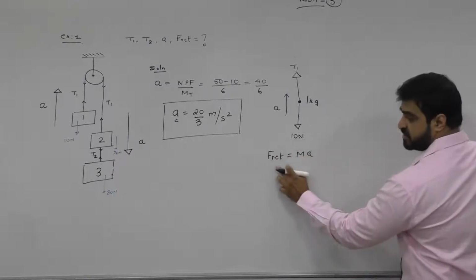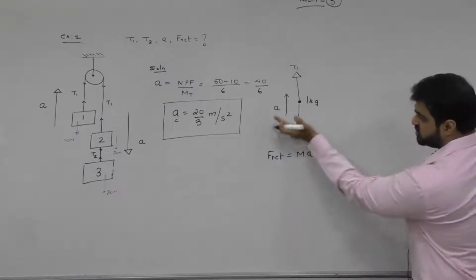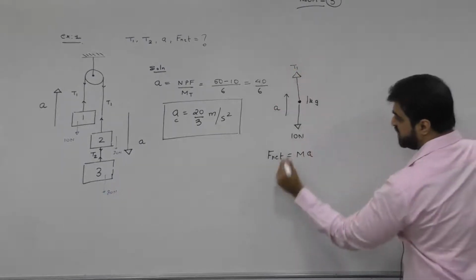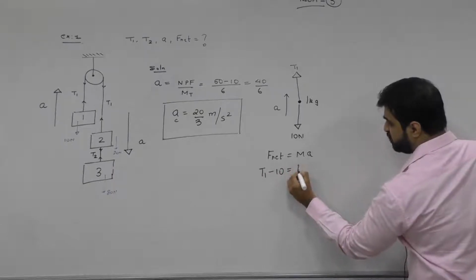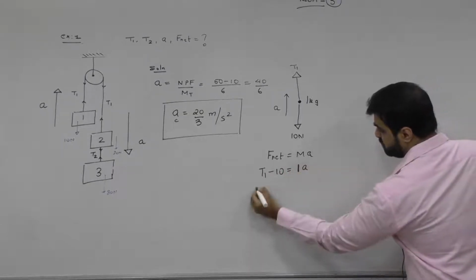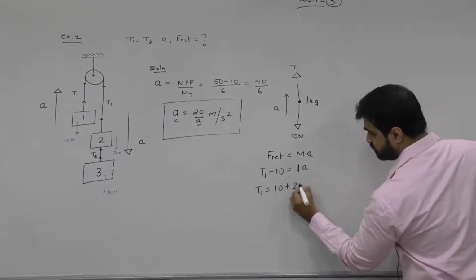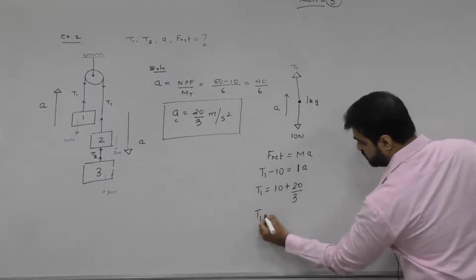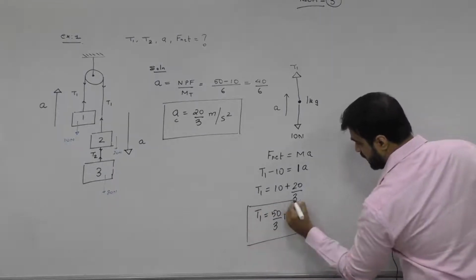What is F net? F net will become big force minus small force because the whole system is going up, no? So who is big? T1 minus 10 will become ma. What is a? What is 1 into a? So T1 will become 10 plus a. What is a? So T1 is going to become 50 by 3 Newton.